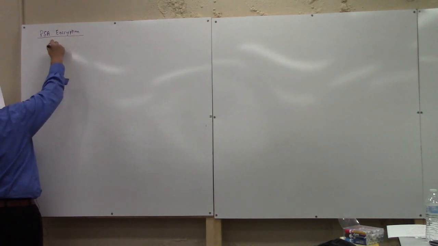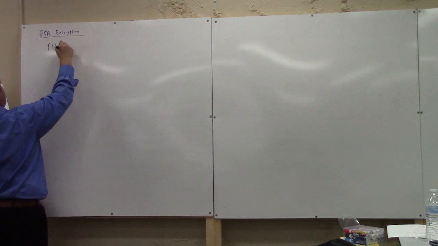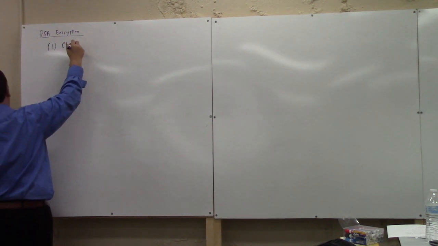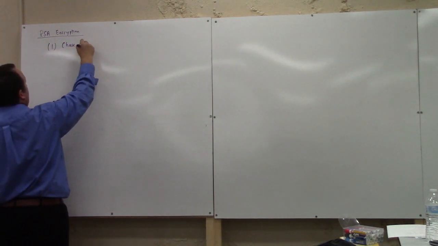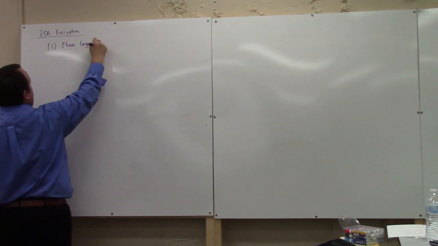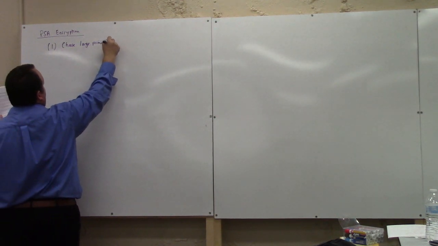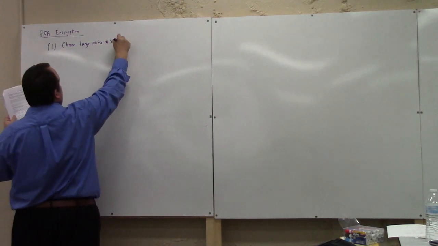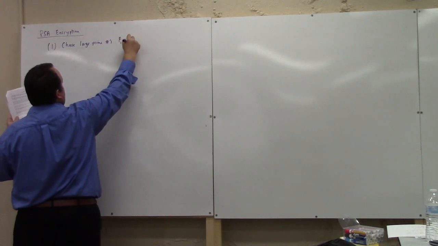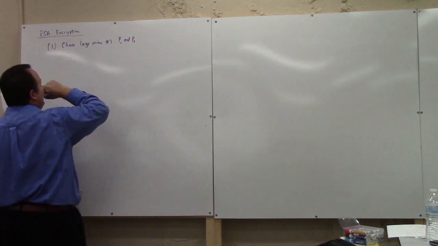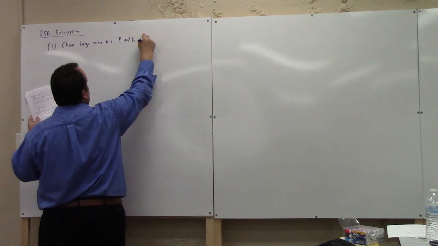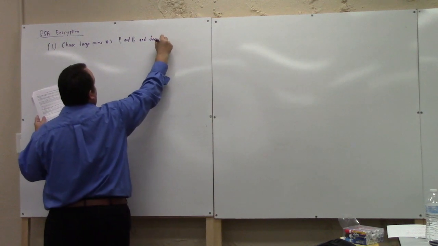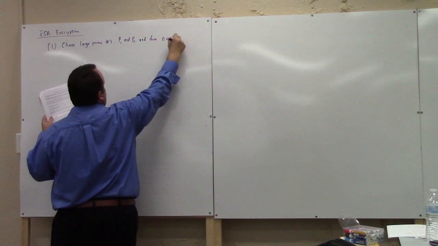Number 1, you choose large prime numbers, P1 and P2, all right, in form n equal to P1, P2.